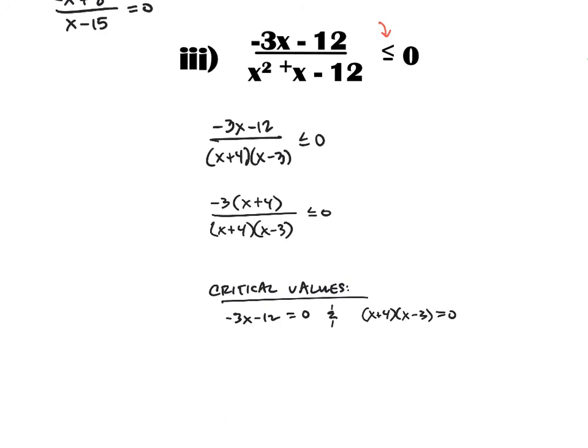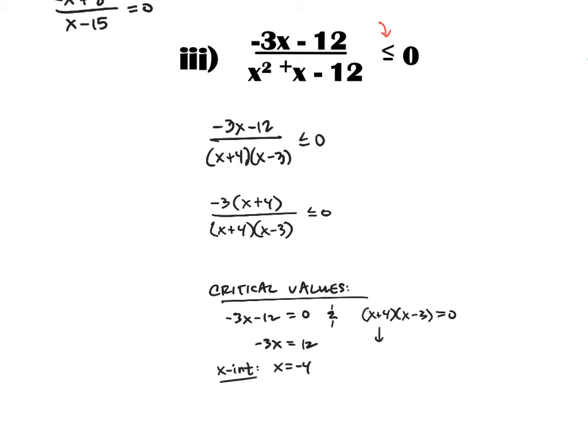Notice what happens. I will get negative 3x equal to positive 12, which would mean that x would equal negative 4. So you might think, oh, I have an x-intercept at x equals negative 4.